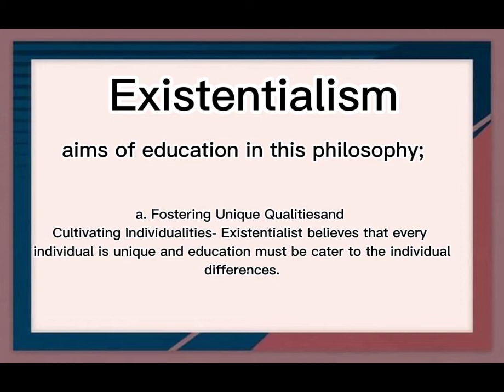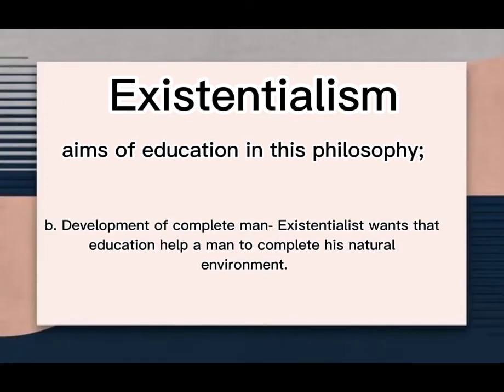Existentialists believe that every individual is unique and education must cater to individual differences. Therefore, the objective of education is to enable every individual to develop his unique qualities, to harness his potentialities, and cultivate his individualities.